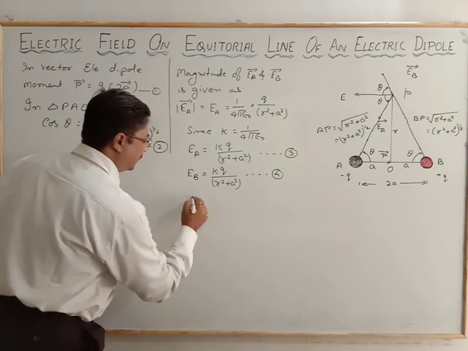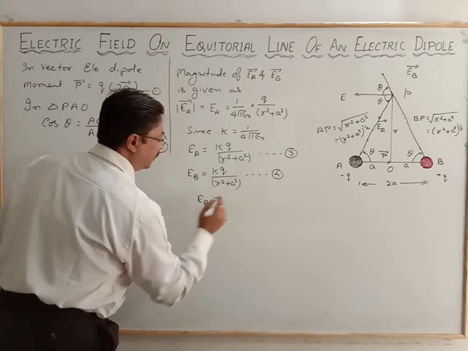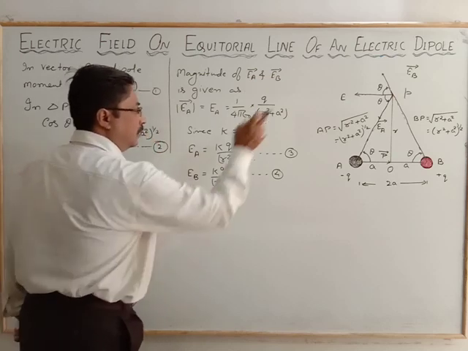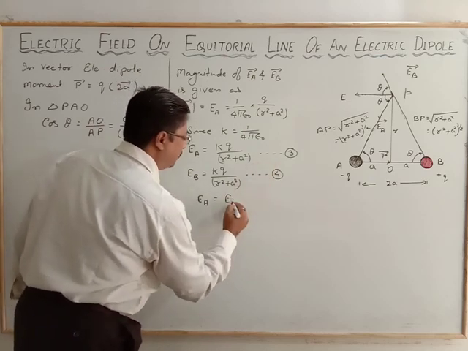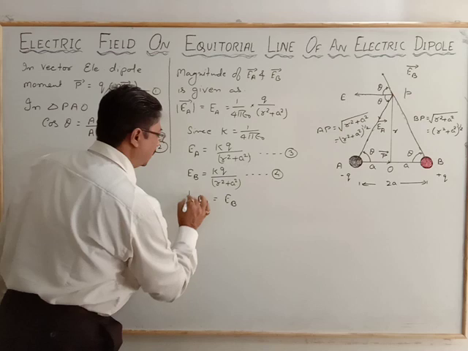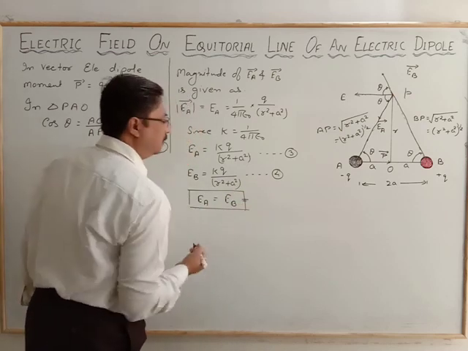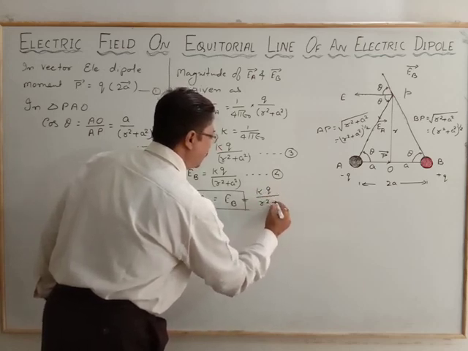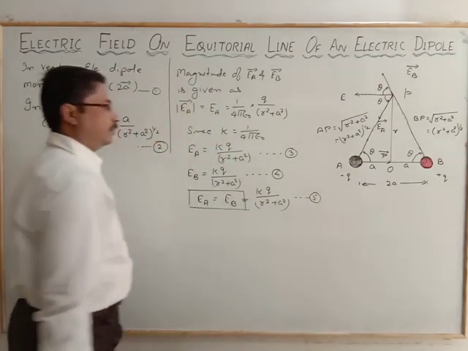Thus we will write that the magnitude of EA and the electric field due to the charge B, EB, both are equal, equal to the value KQ by R square plus A square. And that becomes equation number 5.